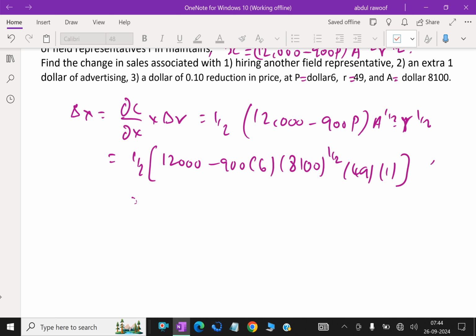Which gives the value, by calculation, it becomes 42 or 29.